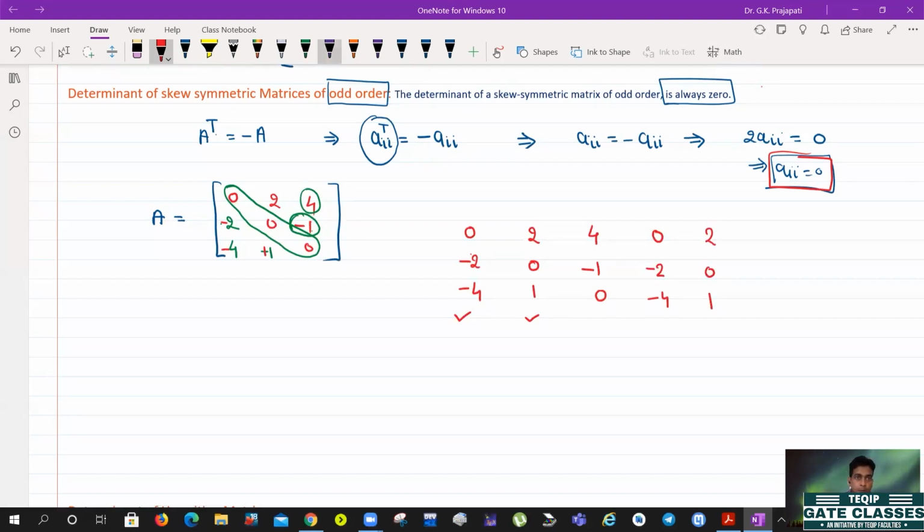Now to find the determinant we make a diagonal from the left top corner, that is 0, 0. We call it D1. Again we make a second diagonal, we call it D2, and again a third diagonal, D3.